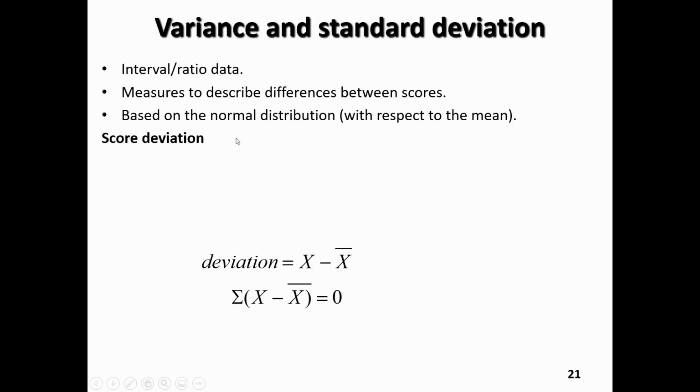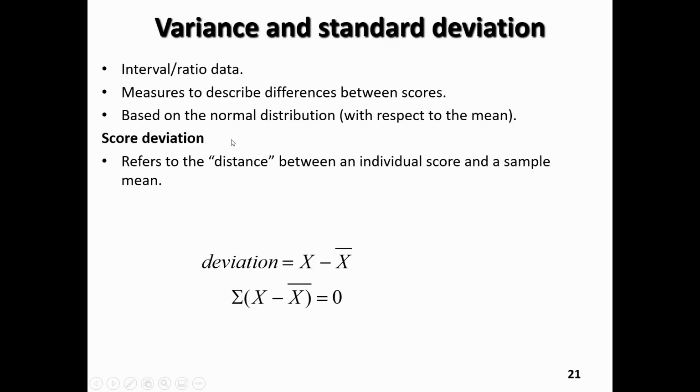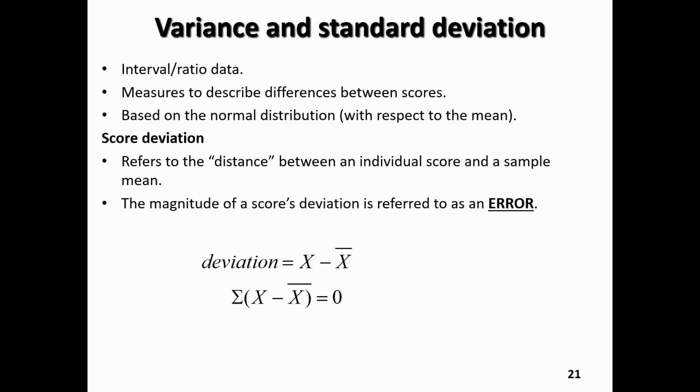We begin by defining what a score deviation is. The score deviation refers to the distance between a single score and the sample mean. So if a sample has 30 scores, there will be 30 deviation scores, as there is only one sample mean.